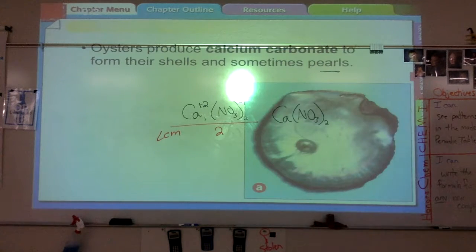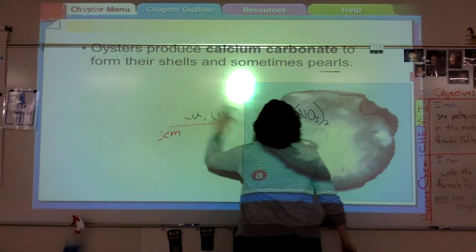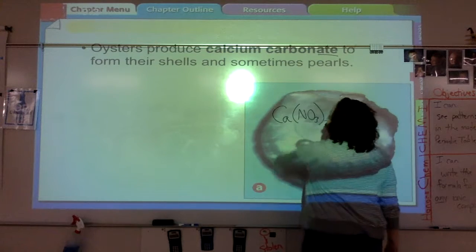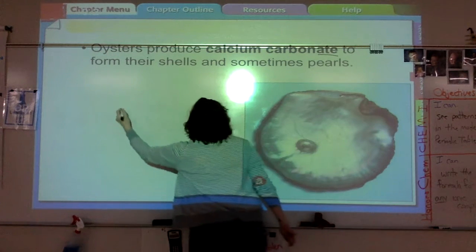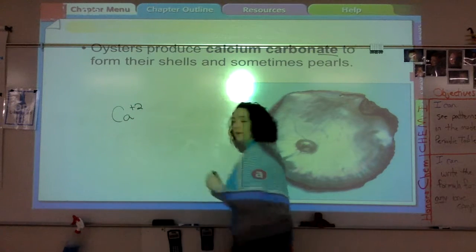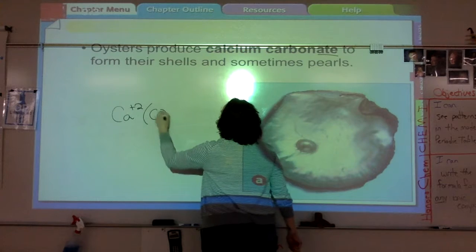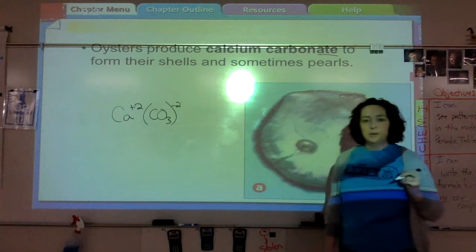Okay, let's do another one. Calcium carbonate. Carbonate, ate. That gives us a red flag that there's a poly there. So calcium is the same. Calcium is a +2. Carbonate, you flip over your periodic table, you look up carbonate. Carbonate is CO3 in parentheses with a -2 charge.